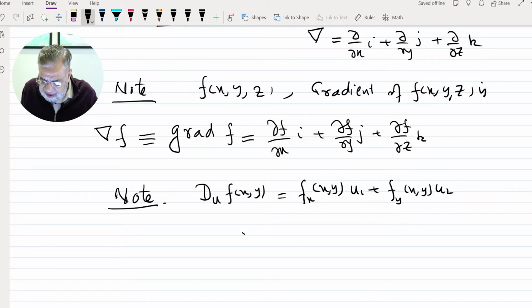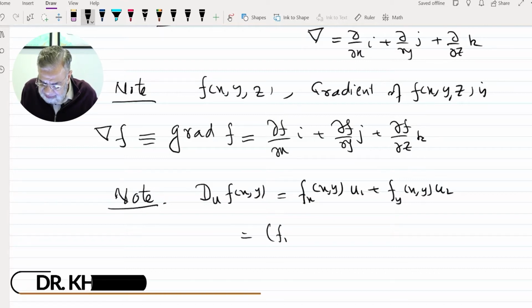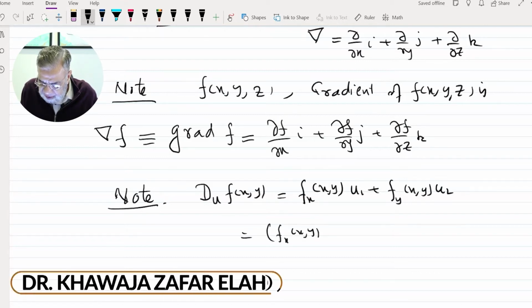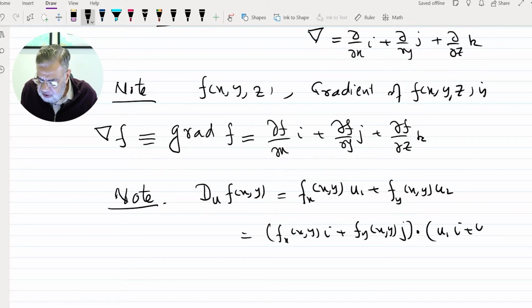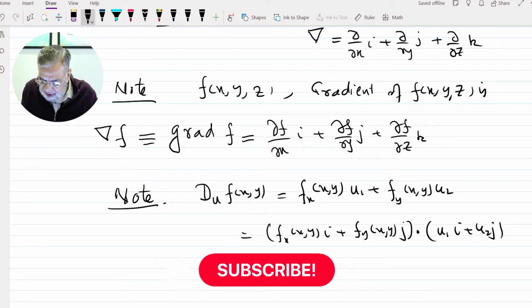As I mentioned above, we can write this as a function of 2 variables: f_x(x, y) i plus f_y(x, y) j, dot product u1 i plus u2 j. So I can write this is my gradient of f, then dot the unit vector u.